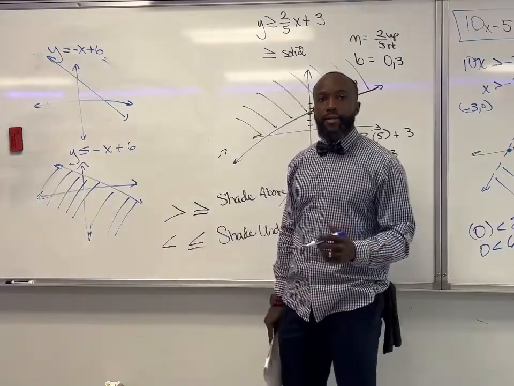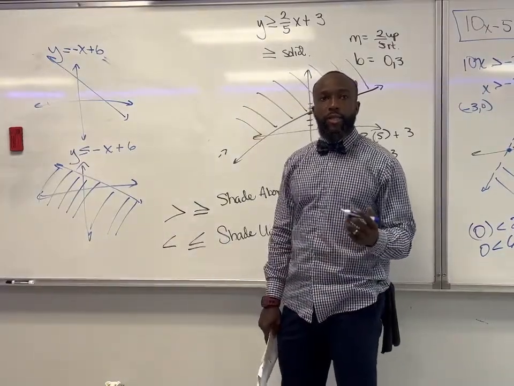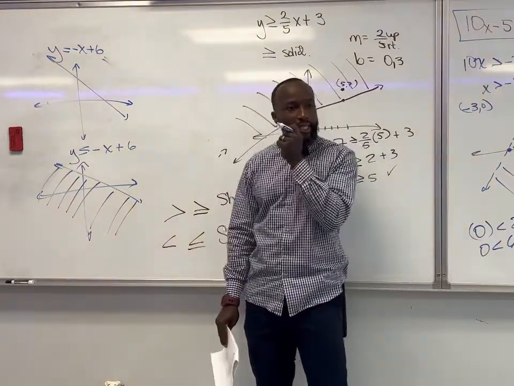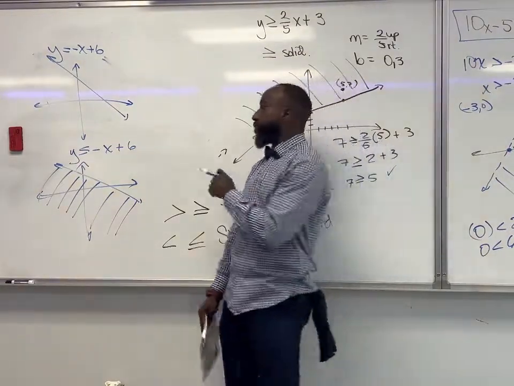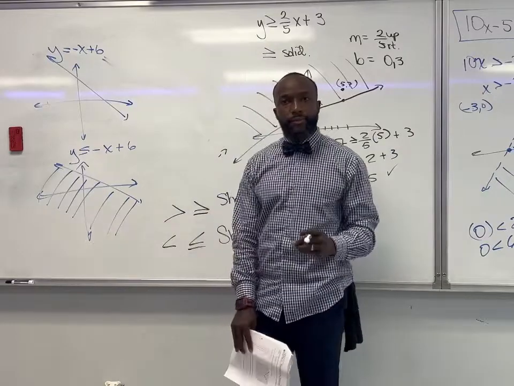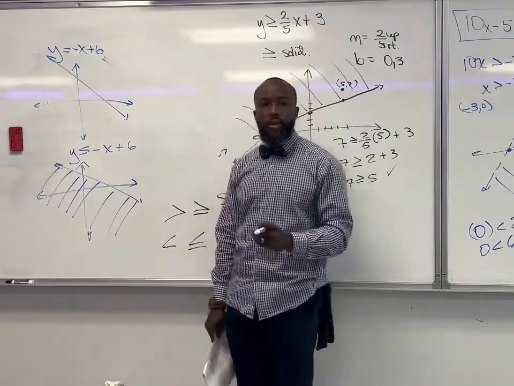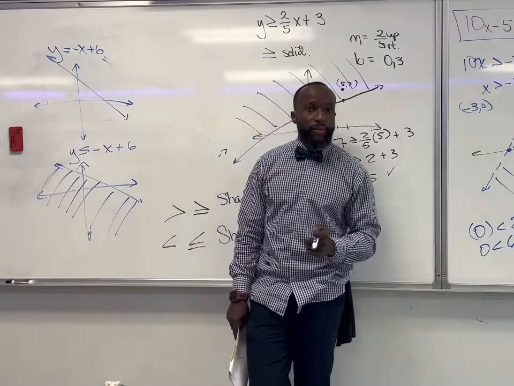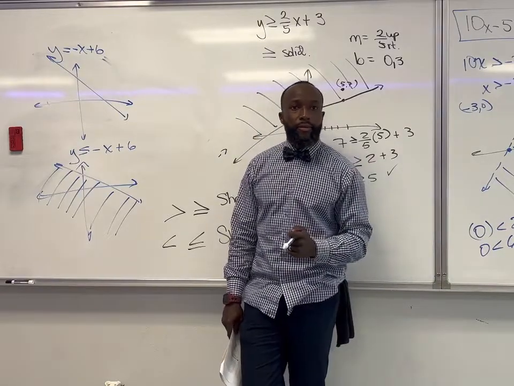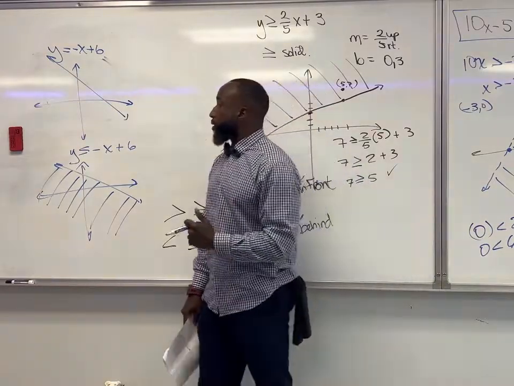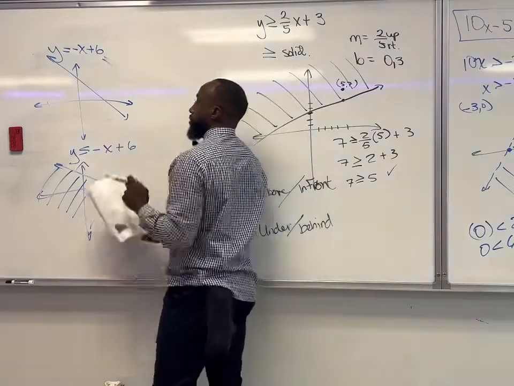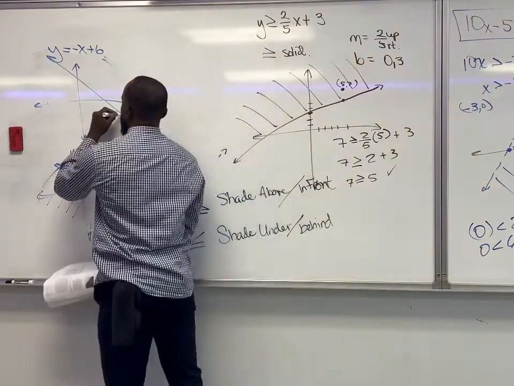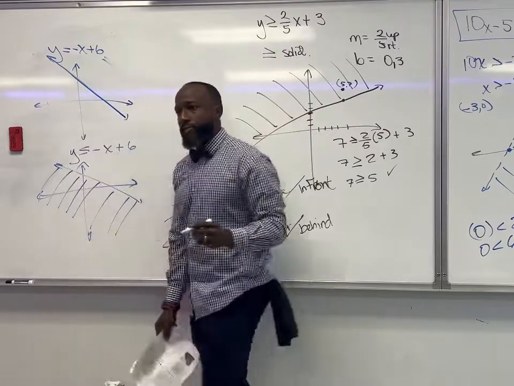Yeah, Jerry. One's an inequality, right? Anything else? One shaded and one isn't? Okay. So look, for this one, the solution set is just this line. This is the solution, right?